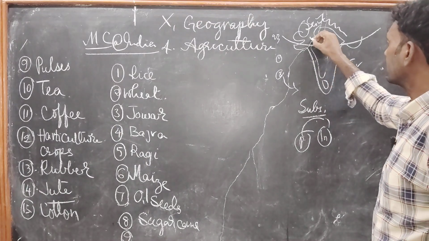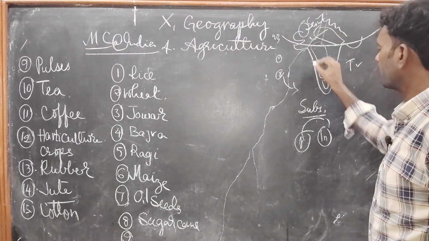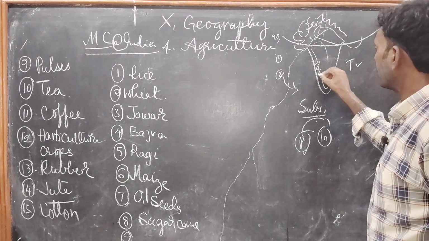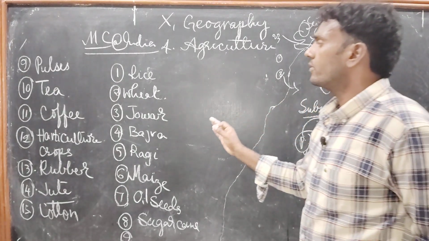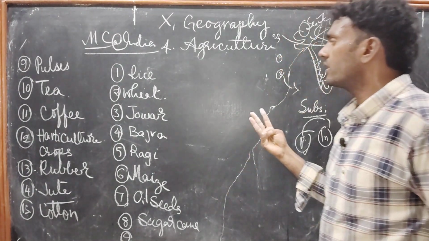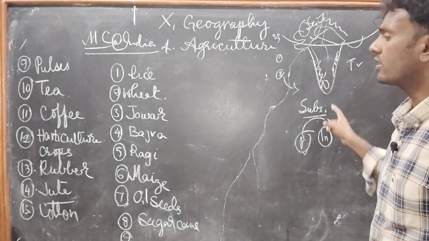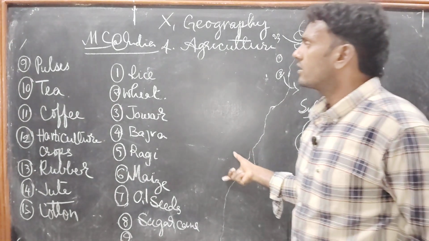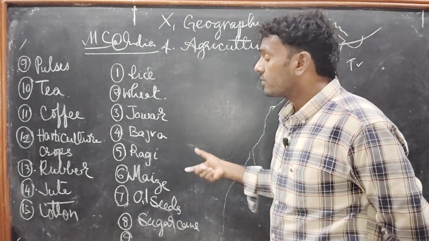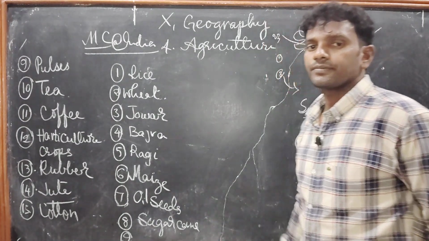Intensive is going on inside the country, and primitive is going on in hilly or mountain areas. These are the deciding factors for what kind of crop we can cultivate: climate, soil, culture, and the purpose of cultivation. Based on that, the major crops also change.